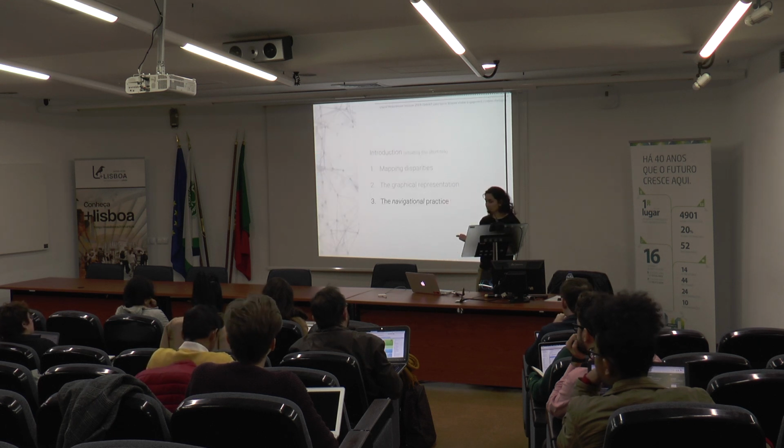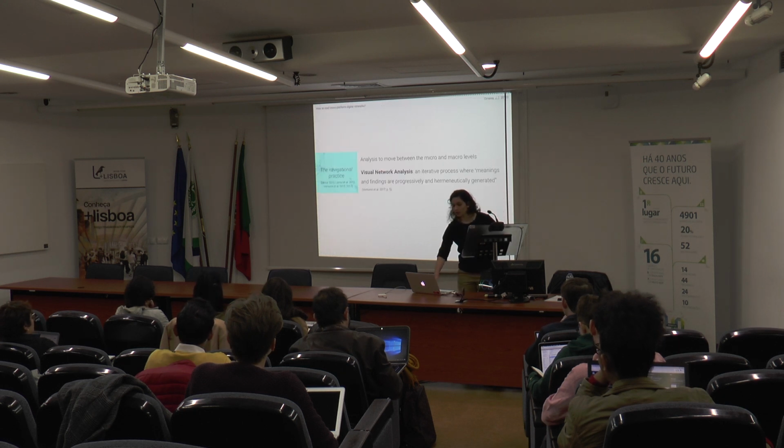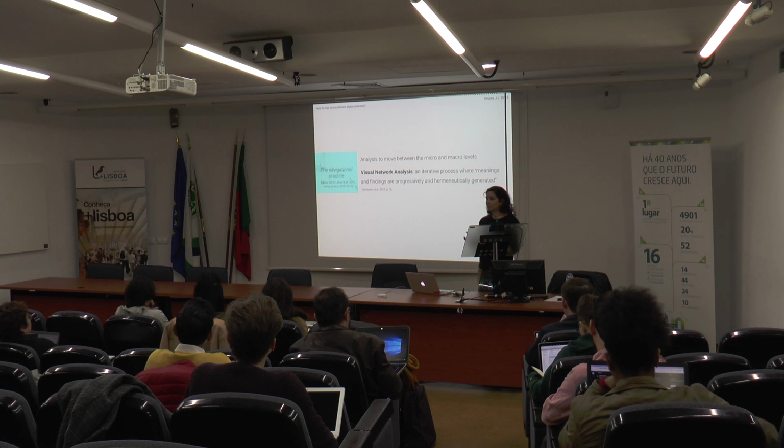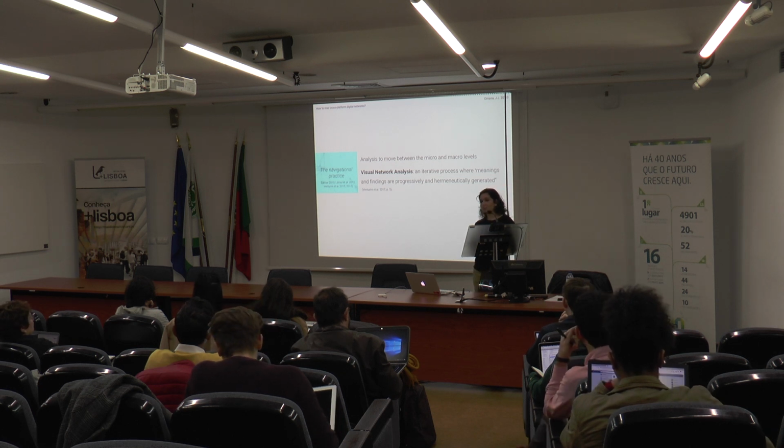And now, moving to the last part of this really short talk, it is the navigational practice. Because we can do our analysis moving from the micro to the macro levels.